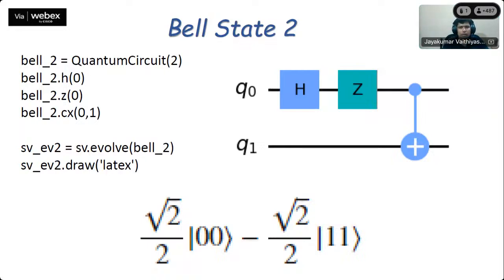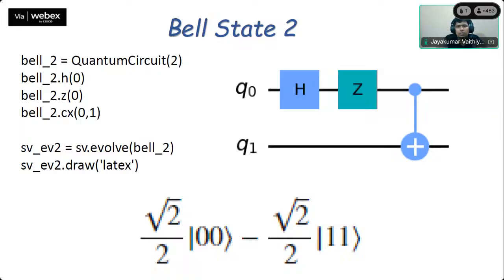So this is positive correlation with phase flip. There are two combinations. If the Hadamard gate produces 0, then the Z gate will not do anything. But if the Hadamard gate produces 1, it will do a phase flip. It will change into -1. That -1 is the result over here.